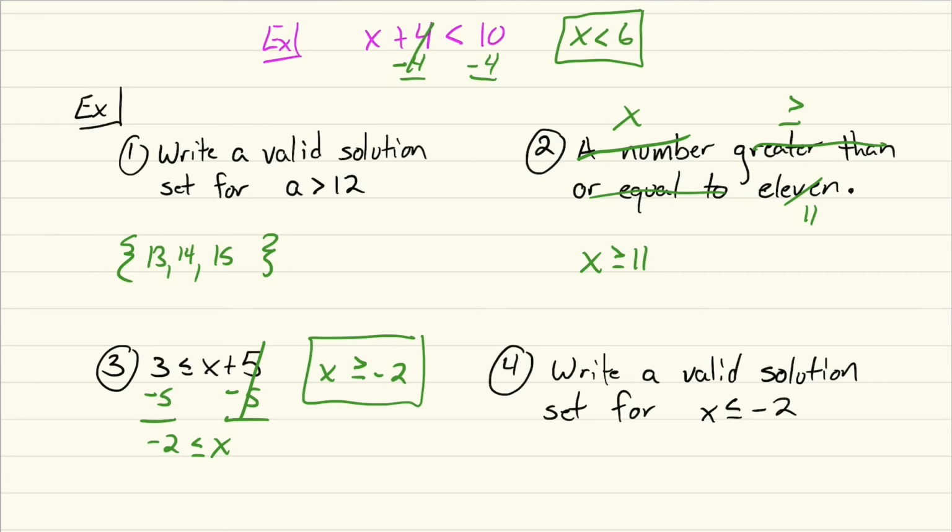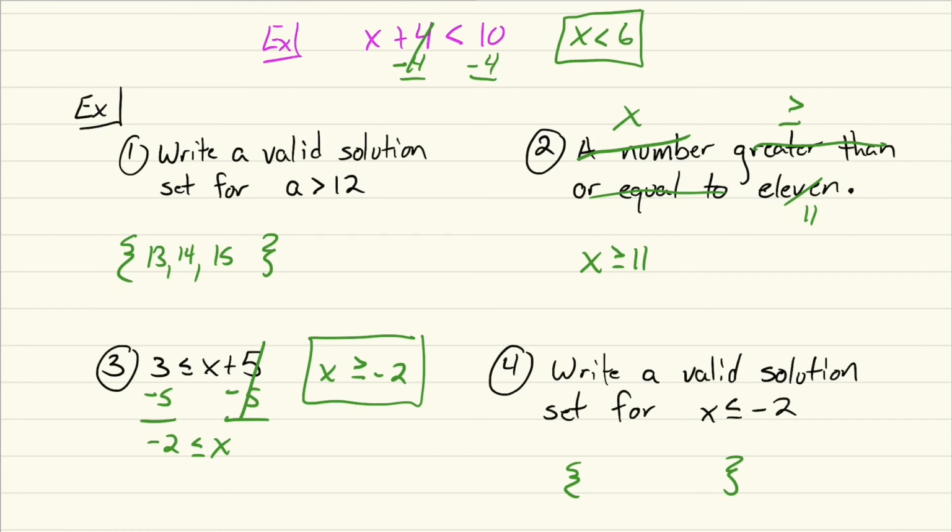Our last example in this section is write a valid solution set for x is less than or equal to negative 2. Again, this is just like number 1. If I need to do a solution set, that has to go in braces. I'm just going to pick 3 random numbers.